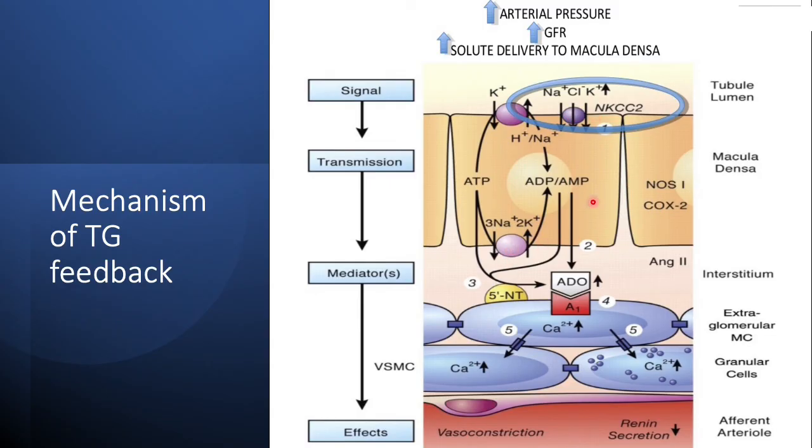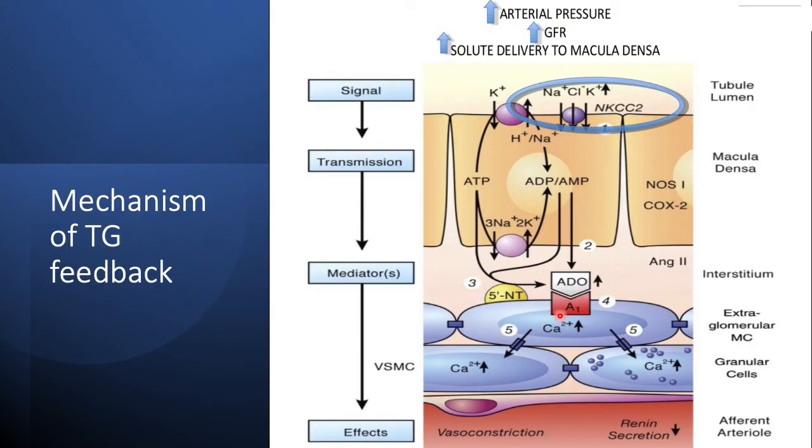Because too many solutes are being reabsorbed, there is too much breakdown of ATP, and the breakdown of ATP produces adenosine, and adenosine receptors are present on the Lacis cell of the juxtaglomerular apparatus. When the ATP breaks down, this adenosine from the macula densa cell diffuses to the adenosine A1 receptor present on the Lacis cell.